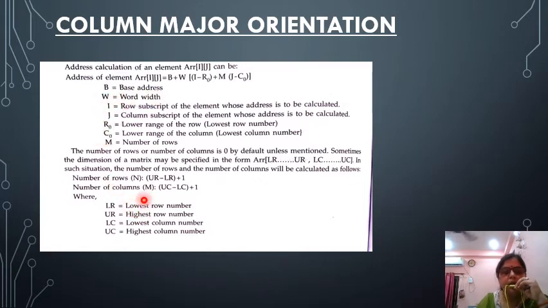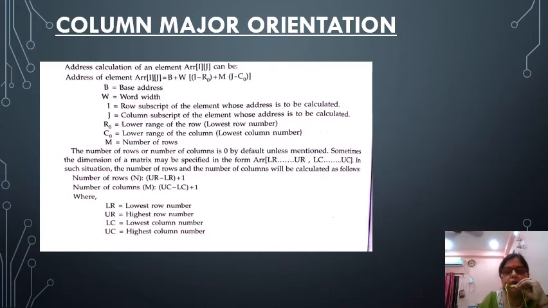Okay, suppose the number of rows and number of columns are not given, we have to use this formula to calculate first this, that is UR minus LR, meaning the highest row number and lowest row number, to calculate the number of rows, and for the number of columns we have to calculate by the highest column number and lowest column number. Okay, this is your formula. Go through this, it is very important.